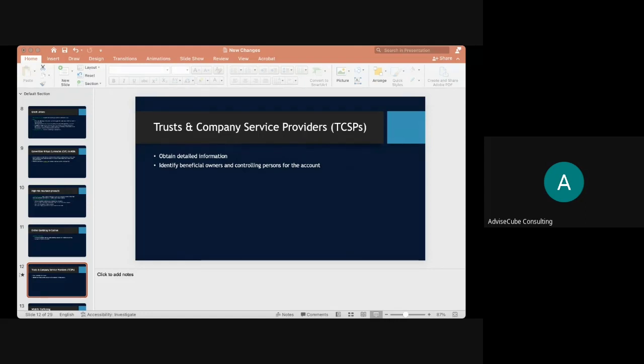Someone is creating a company in the BVI Islands for the sake of hiding the ownership, and through these companies they used to buy properties, and no one knows who owns the property, and due to the secrecy laws they do not even know who the owners of these companies are. So they are now enforcing that you need to have detailed information, and also on the beneficial owners and who controls these companies. These are two additional clauses that they have requested.